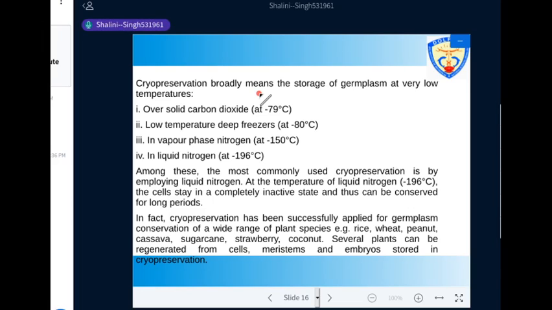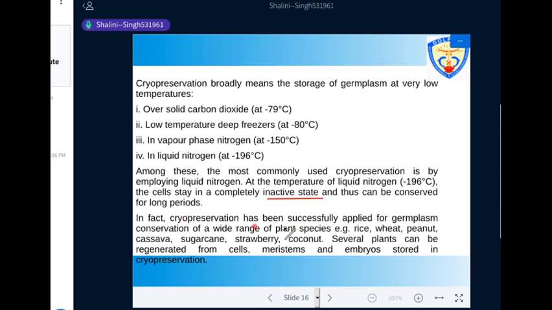Among these, the most commonly used is liquid nitrogen. At the temperature of liquid nitrogen, that is minus 196 degrees centigrade, the cells stay in a completely inactive state and thus can be conserved for long periods.